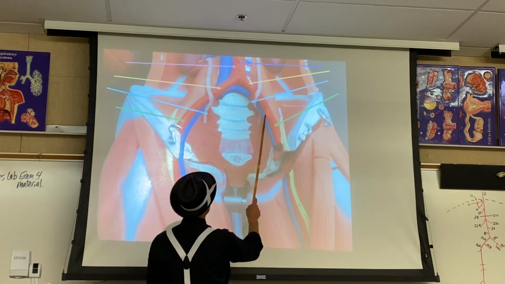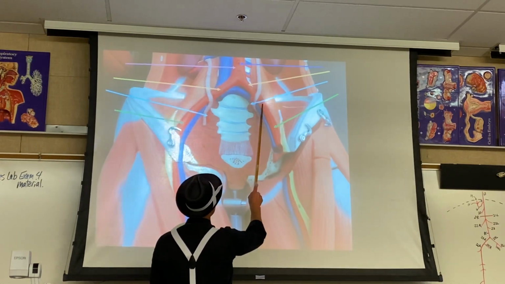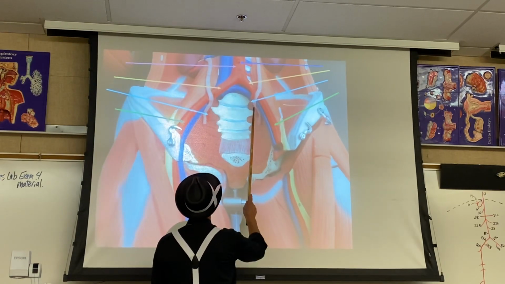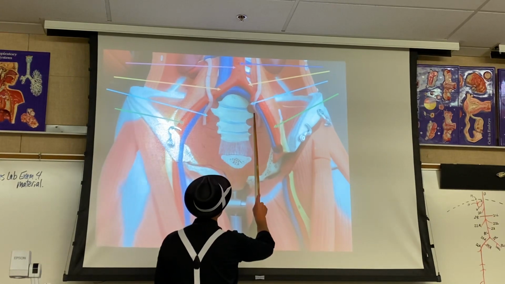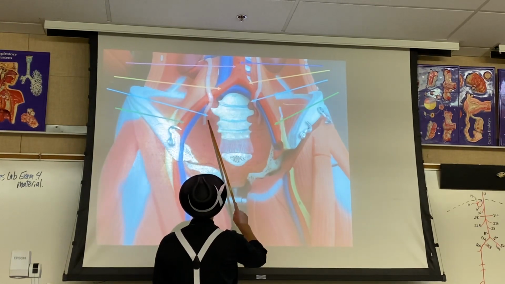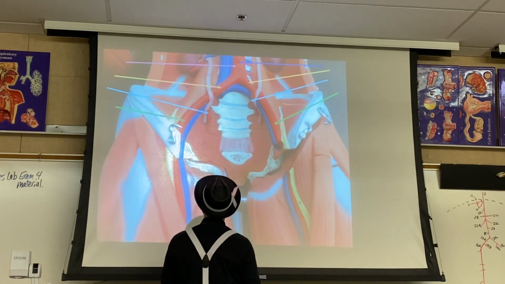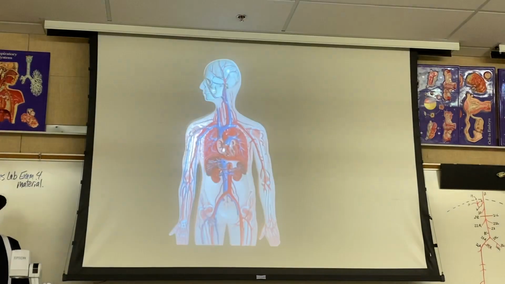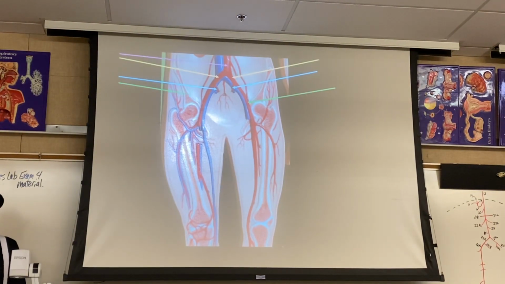Let's just do the left side. It splits into this blue one and this green one. That white squiggly thing is the ureter, but it's on the red thing to the left of it. Same thing here, you can barely see it. It's just cut off.